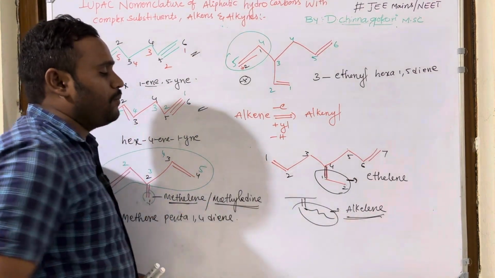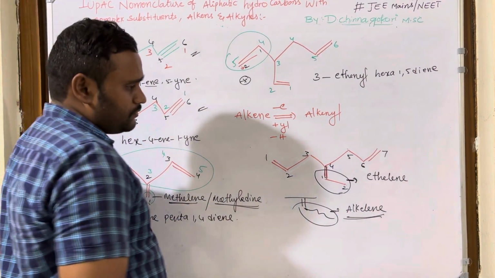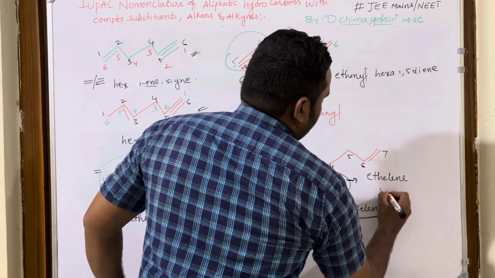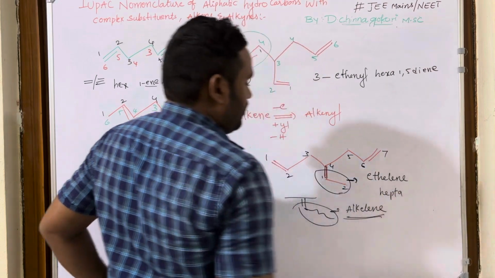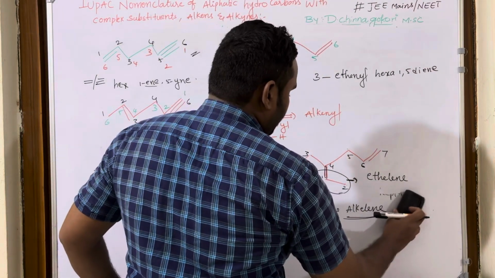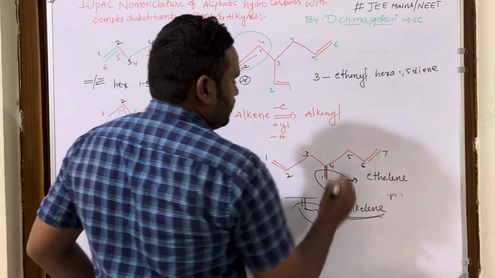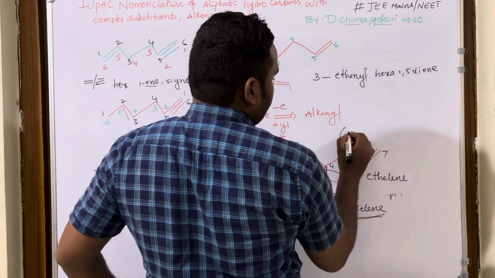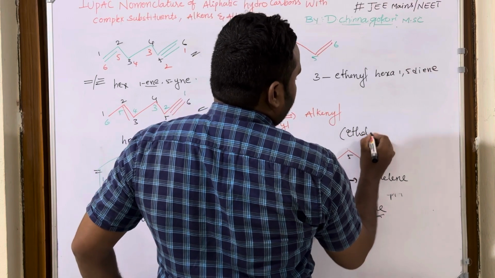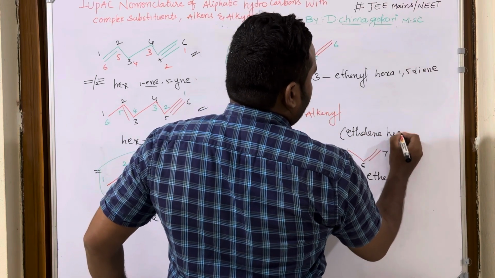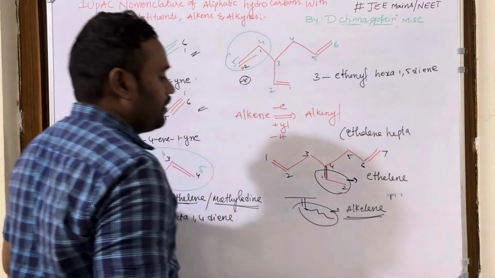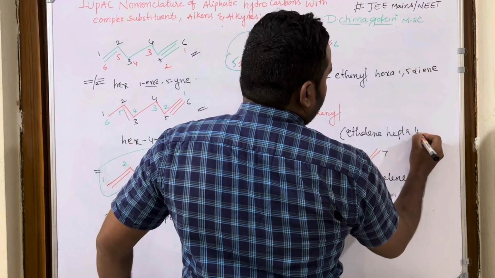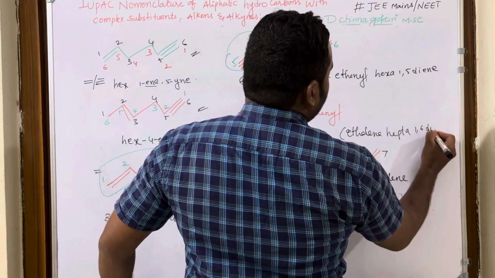So what will be the name of this compound? 7 carbon atoms are there, hepta. Sorry, first we should write the name of the substituent. The name of the substituent is ethenyl. Ethenyl hepta-1,6-diene.